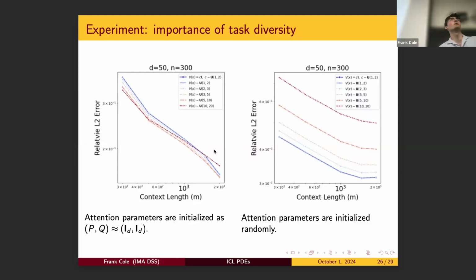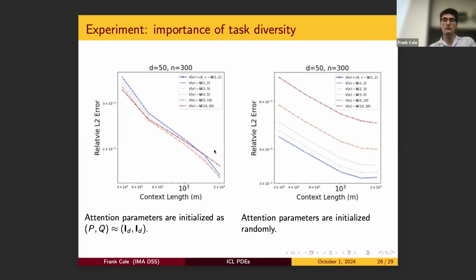So this is an example arising from the PDEs where the task distribution consists of matrices diagonal in a common basis. And then at inference, we test the performance of this transformer on non-constant potentials, namely where we make V a piecewise constant, as in the previous slide.